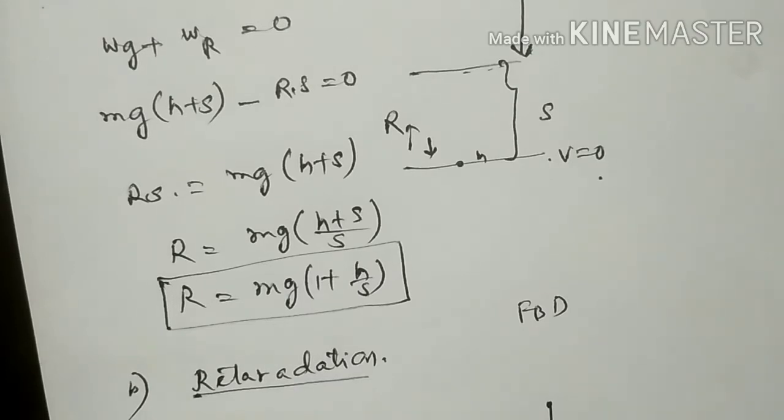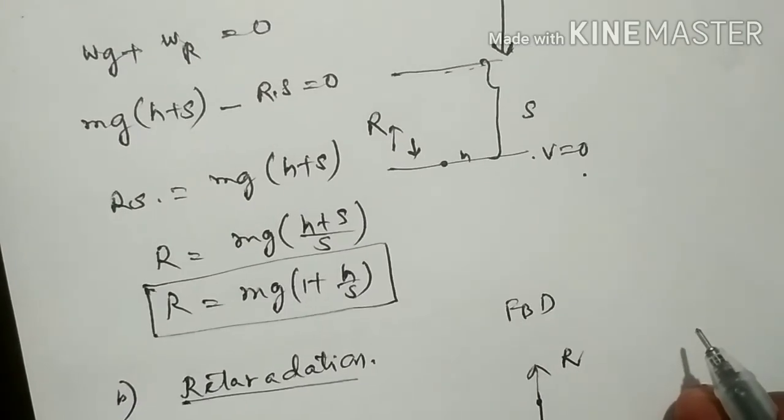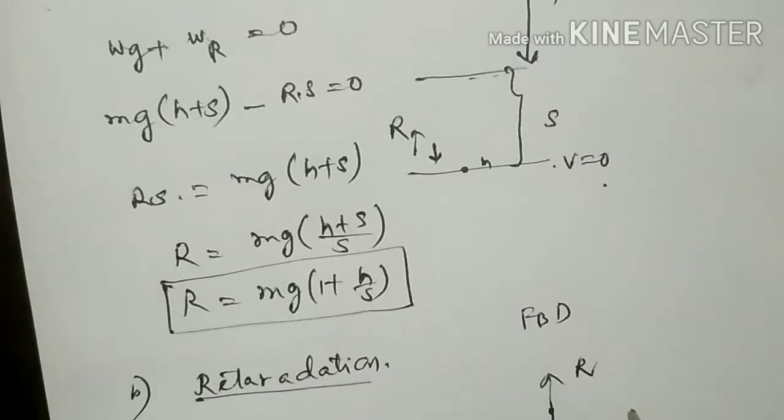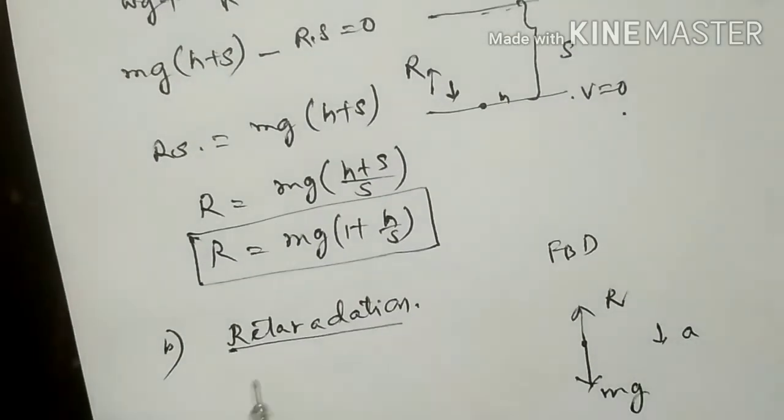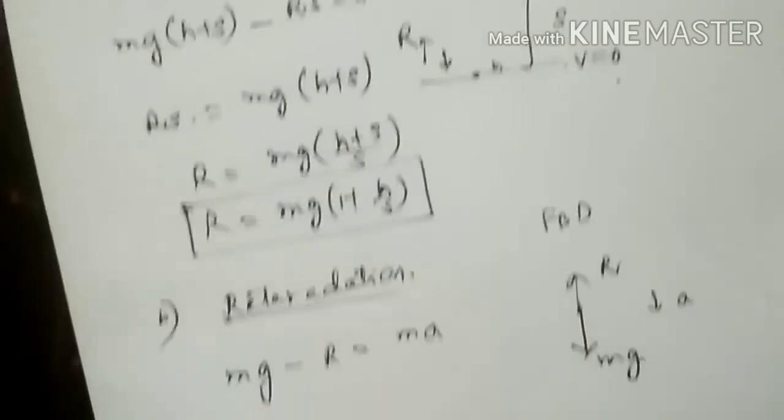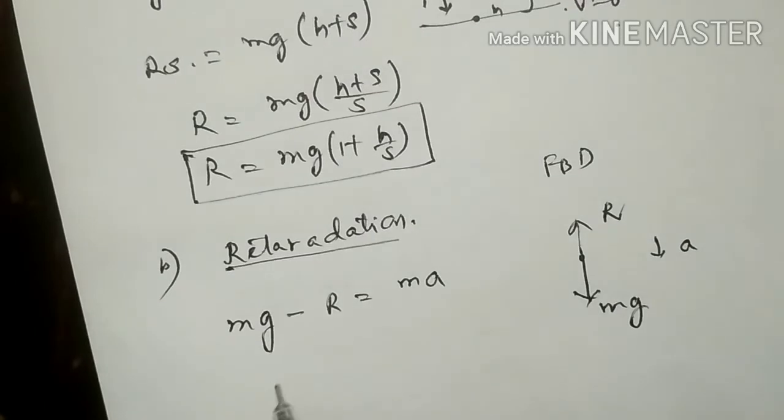The weight mg is acting downwards and the resistance R is acting upwards. Due to this, the body starts retarding. So from the free body diagram, mg minus R is equal to m into a.